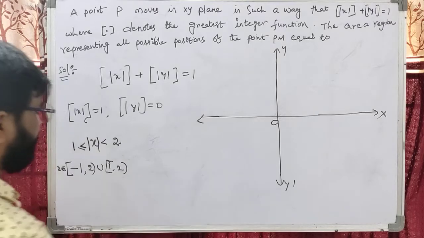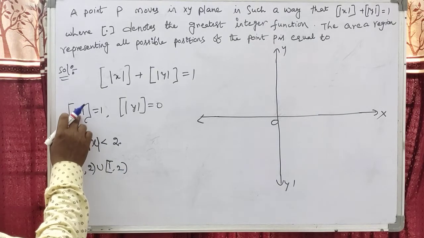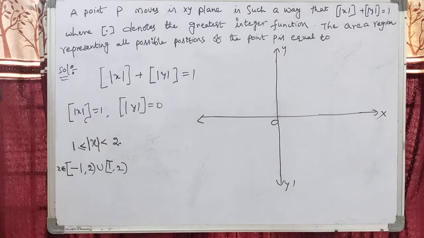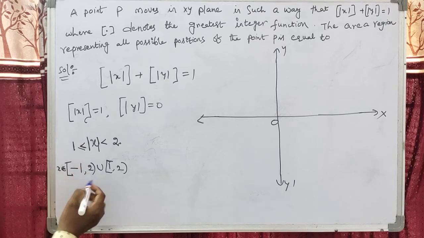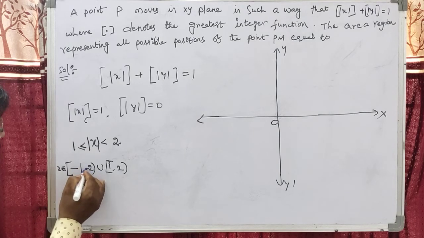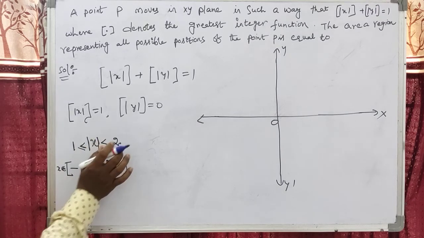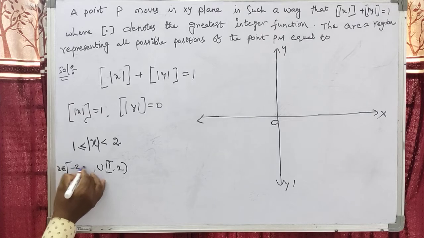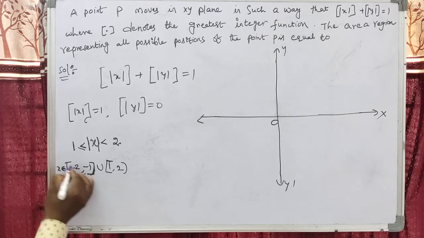When we take 1.5, the modulus of 1.5 is 1.5, the step of 1.5 is 1. When we take minus 1 to minus 2, dear students, is there a small mistake? You can write the least number first, that is minus 2 to minus 1. Minus 2 is closed. Okay students.